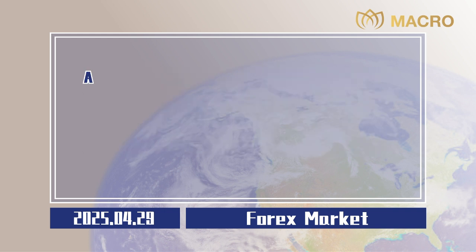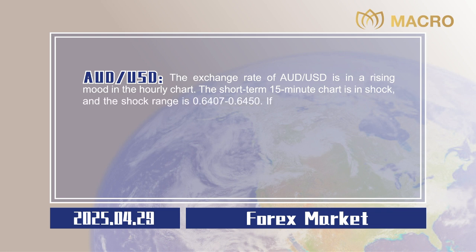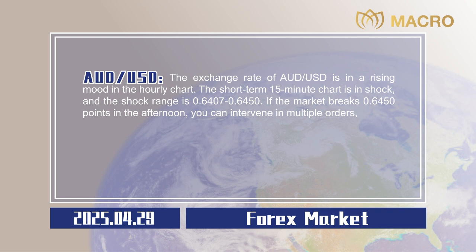0.0020. Australian dollar to US dollar. The Australian dollar to US dollar exchange rate is in a rising mood on the hourly chart. The short-term 15-minute chart is in consolidation, and the range is 0.6407 to 0.6450. If the market breaks 0.6450 in the afternoon, you can enter long orders, and the upper target can be seen at 0.6490 to 0.6530.